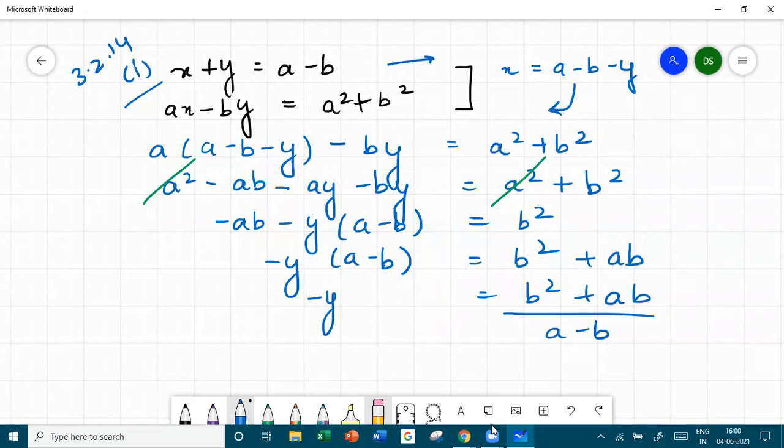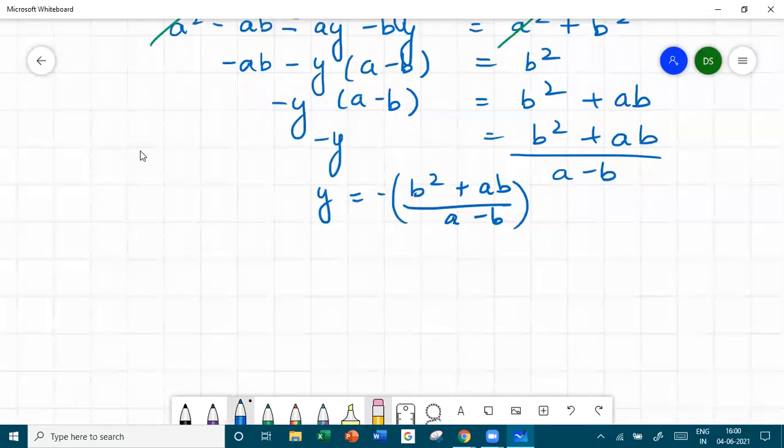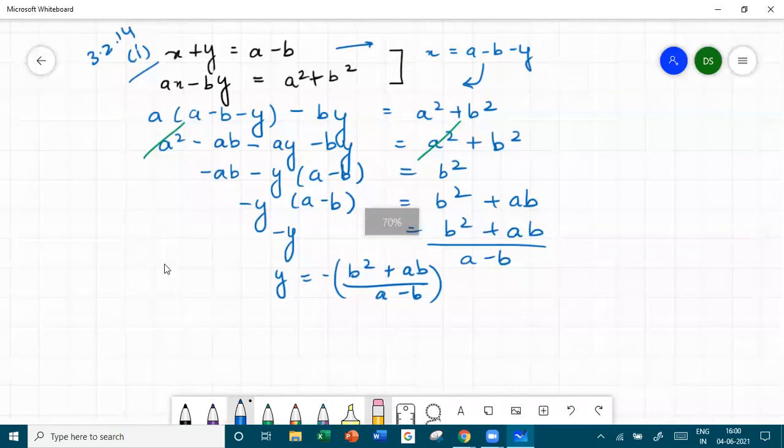Or y would be b square plus ab, whole minus. Right? Can you simplify this further? I'm not sure. No. Okay, so this would be y, and then for x you put it back here.